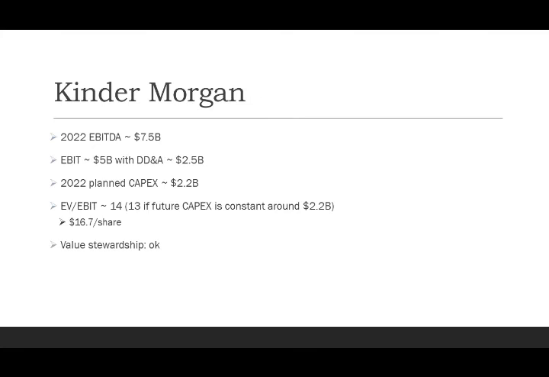So its EV over EBIT is about 14. So I consider that a bit overvalued, or fairly valued at most, from this metric perspective. But its value stewardship is okay. So as a comparison, I think Energy Transfer offers more upside.